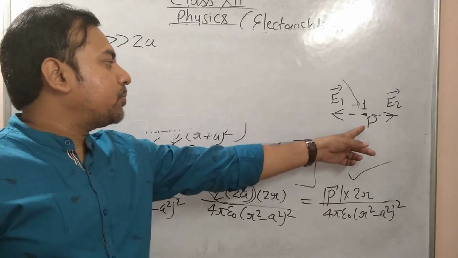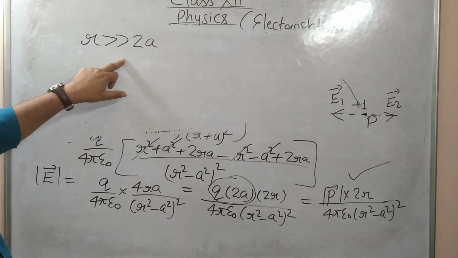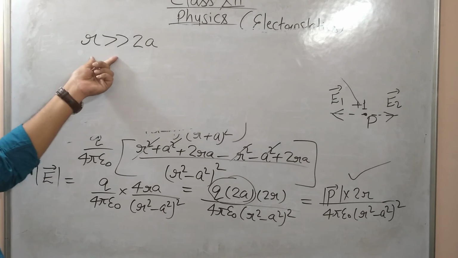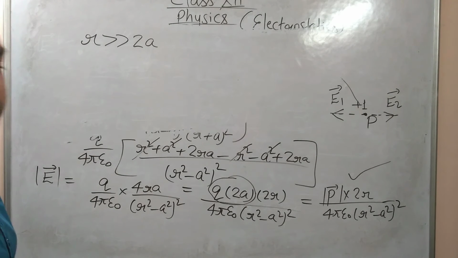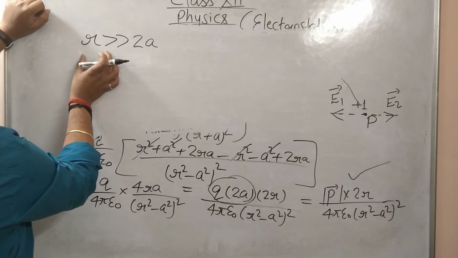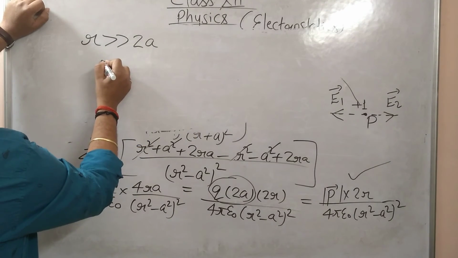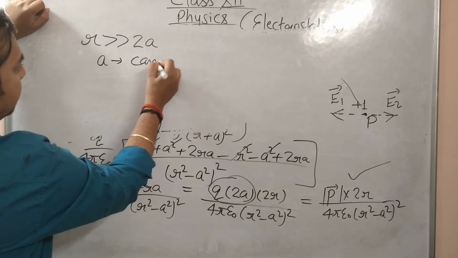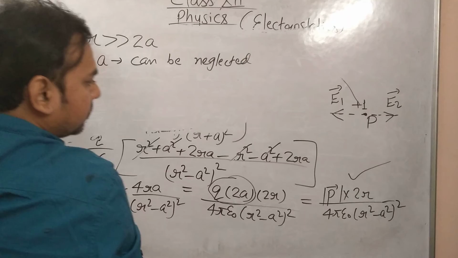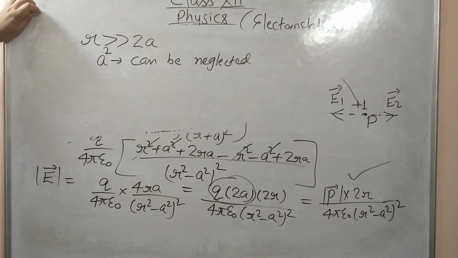If the distance of the point P from the center of the dipole is very much greater than the length of the dipole, so what will happen? If 2a is much less than R, that means a is also much less than R, so a can be neglected. If a can be neglected, a square also can be neglected.